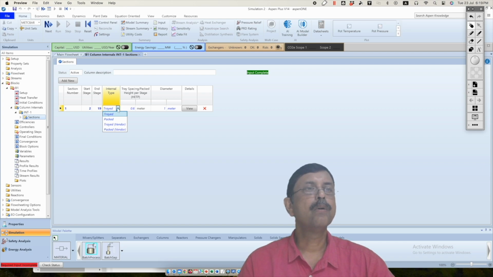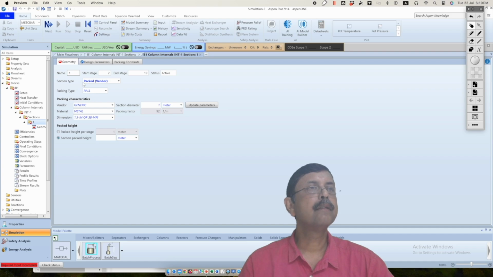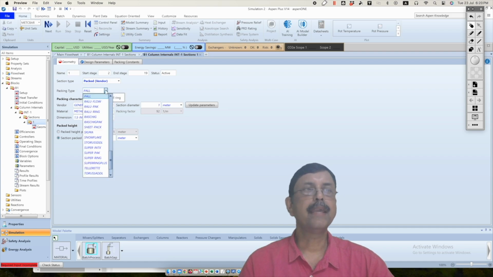Now if you choose pack type, then you have to provide the packed height per stage, HETP, and diameter. And if you choose packed vendor, then you have to provide the diameter, and here you can choose the packing, either Pall ring or Raschig ring.